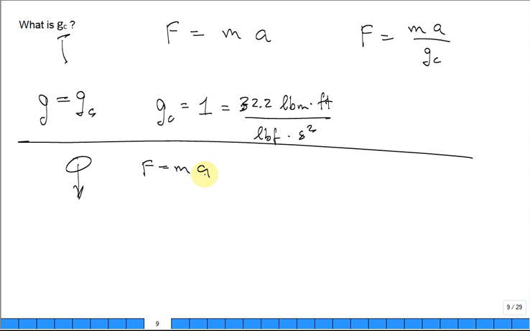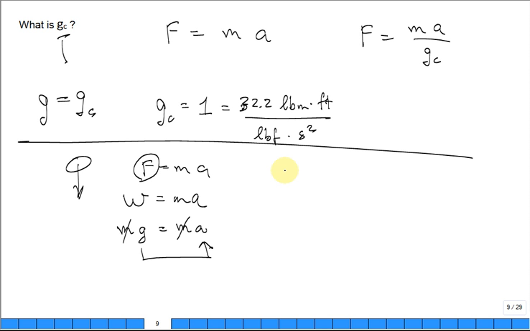If the only force on it is the weight, won't it be accelerated by the weight pulling it down? What's the weight? M times G. I cancel the mass. That's why they say G is the Earth's gravitational acceleration. True? And so if I wanted to report a free fall, it'd be 9.81 meters per second squared. That's the acceleration. True? Okay.